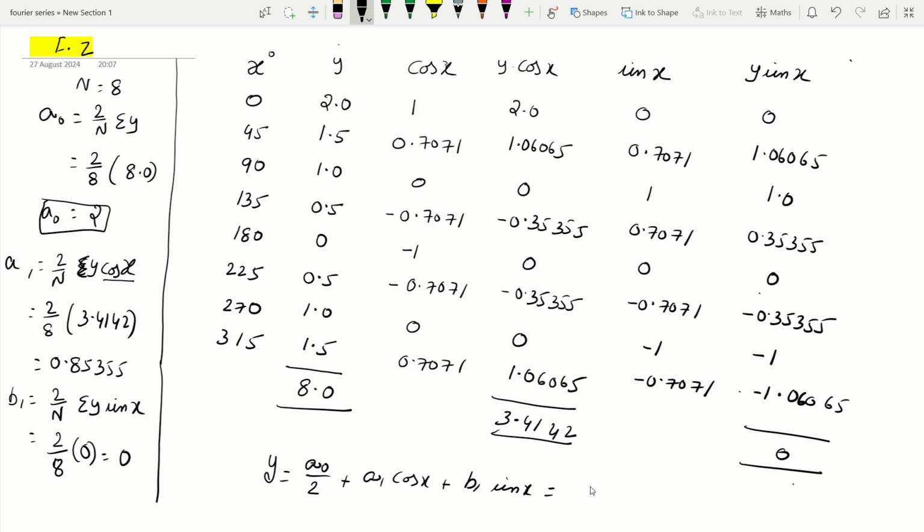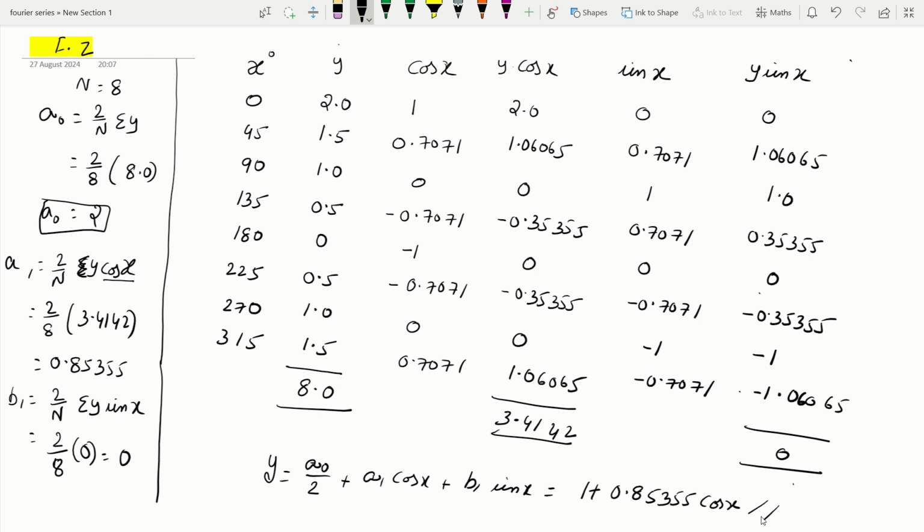So 1 plus A1 value, 0.85355 cos x, and B1 value is 0, so 0 into sin x is 0. If they ask up to the first harmonic, this will be the answer.